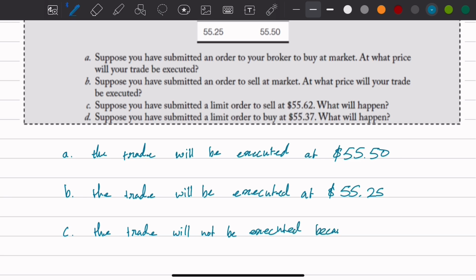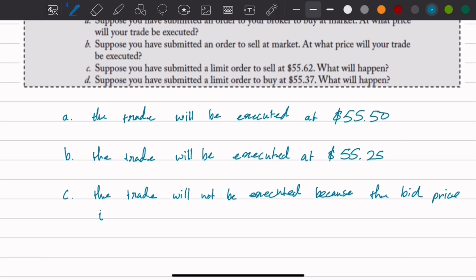Because the bid price is lower than the price of the limit sell order.